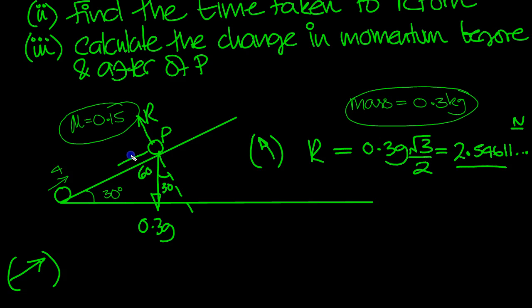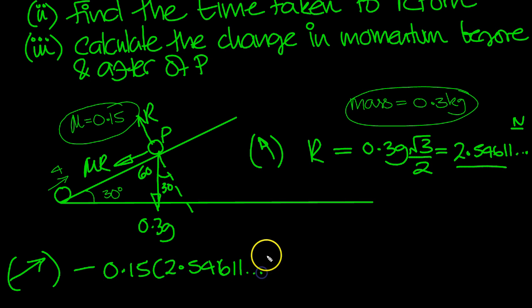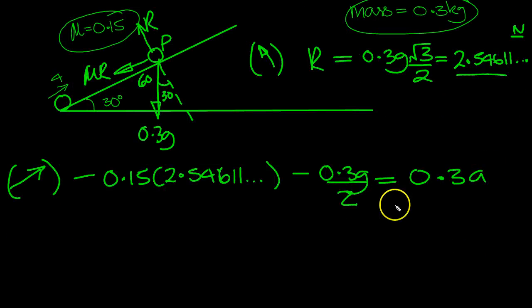So we've got a resistance force here, mu R. So it's minus mu, 0.15, times the reaction force, 54611, minus mu R, minus 0.3 g, cos 60 is sine 30 as a half, is equal to the mass, 0.3, times the acceleration. So that tells us then that 0.3a is equal to this number here.